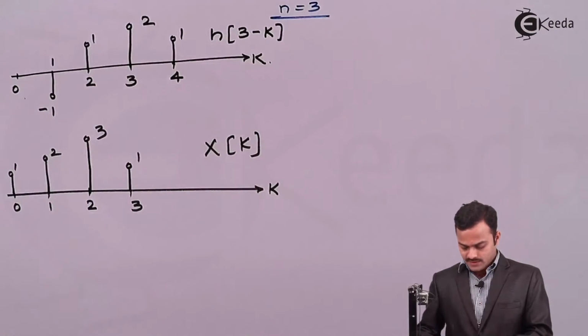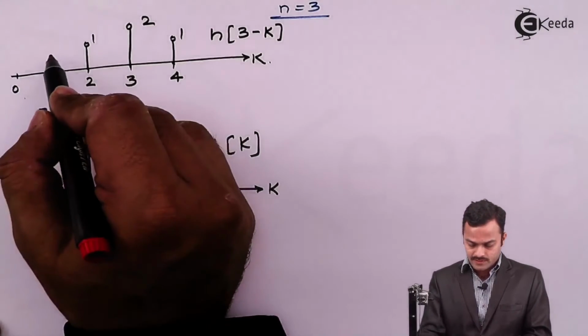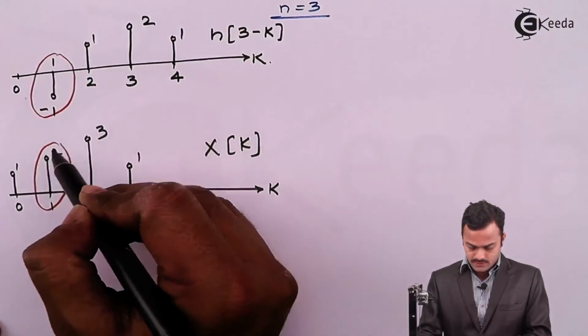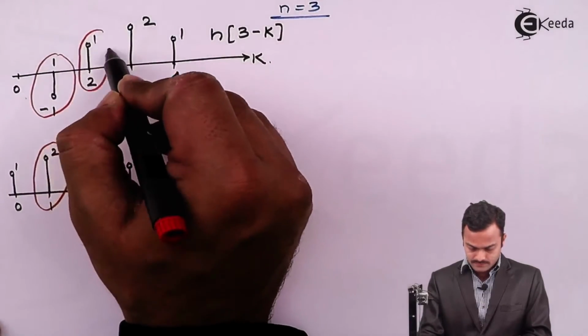We need to multiply this, and for that we need to check how many sample points are common. So over here 3 sample points are common.